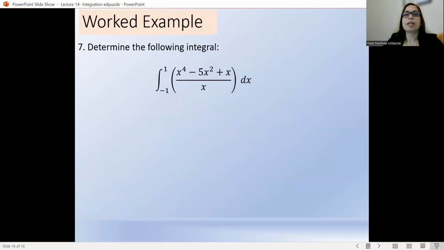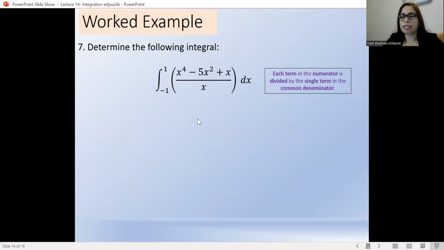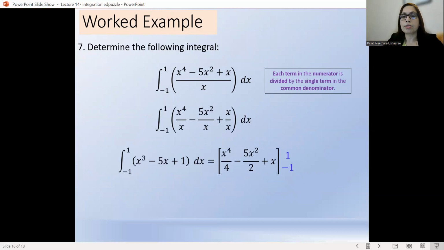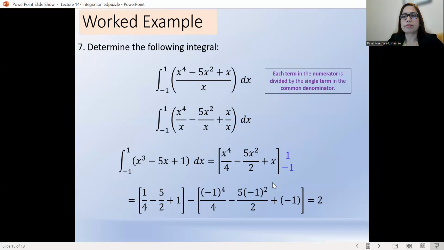Here we have a common denominator. So simply divide with the common denominator and then you have 3 different terms, just like this. There you go. And then you can apply the limits. There you go. So here you will cancel the limits.